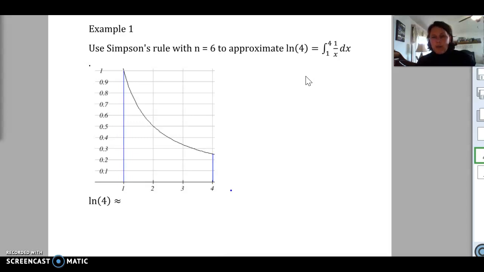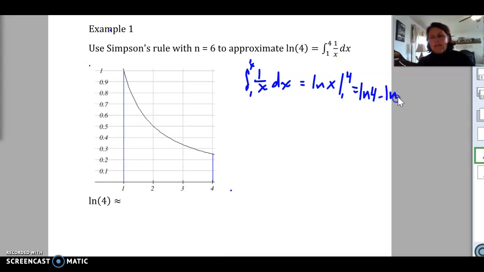So let's just look at our regular integral of this. So the integral of 1 over x dx evaluated from 1 to 4 is equal to the natural log of x evaluated from 1 to 4, which is then the natural log of 4 minus the natural log of 1.